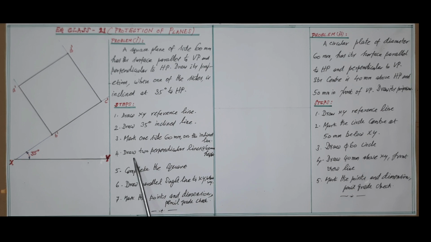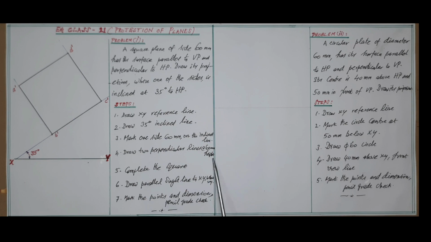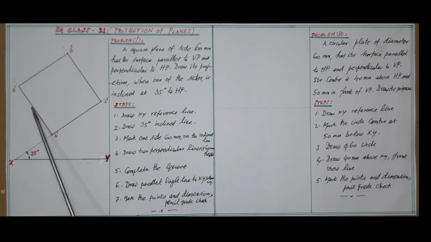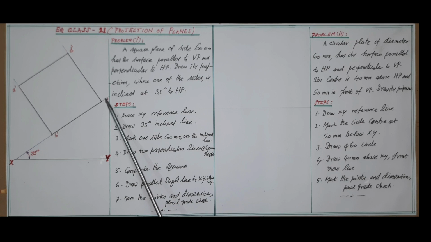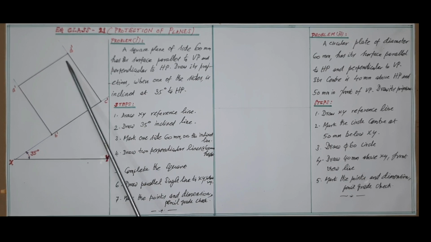Then as per step 4, draw two perpendicular lines of 60 mm height, that is, the A dash B dash line is to be drawn at 60 mm height perpendicular to this inclined line, and this line also C dash D dash, that is perpendicular to the inclined line.